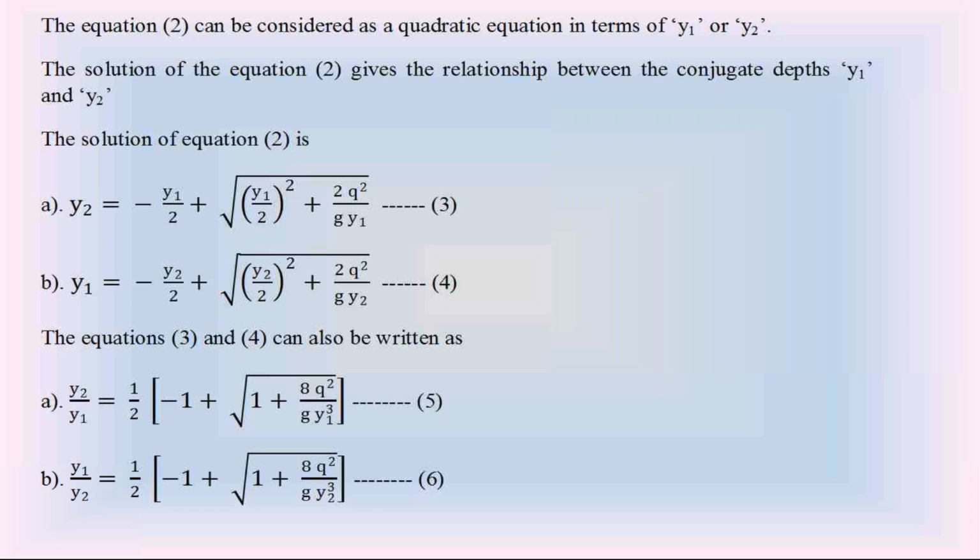A y2 square plus b y2 plus c equal to 0. Then the solution of depth y2 is equal to minus y1 by 2 plus root of y1 by 2 whole square plus 2q square by z by 1. This is the solution of equation 2 by considering depth y1 quadratic form, and this is the solution by considering the depth y2 quadratic form. So please catch that carefully.